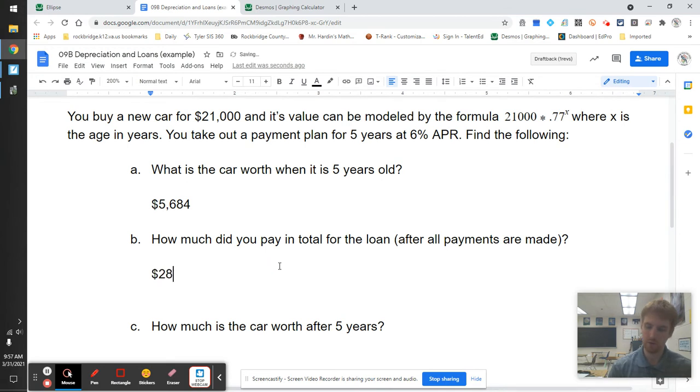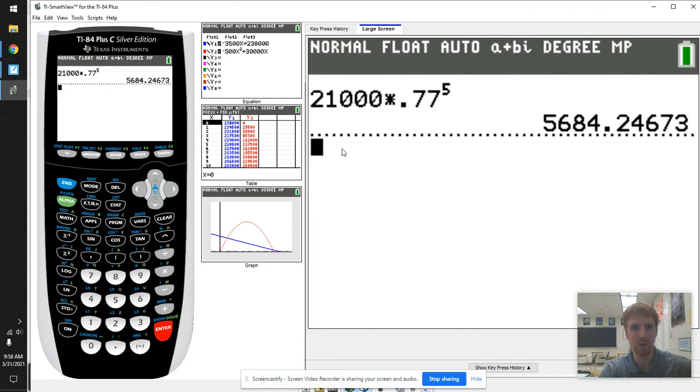$28,000. So we'll get to that. I'm going to compare these two numbers in a second. You bought the car for $21,000, so it's expected it's going to cost more than that when you pay out the interest.